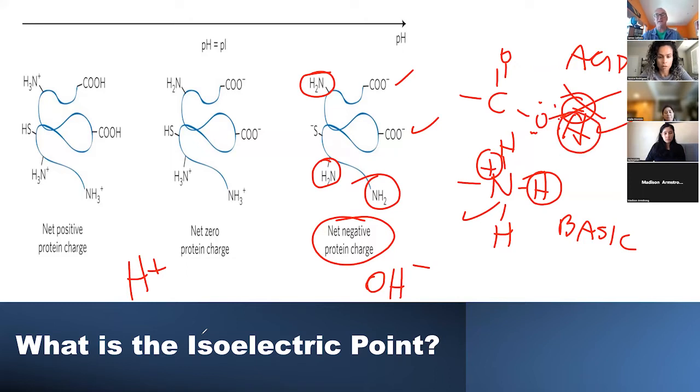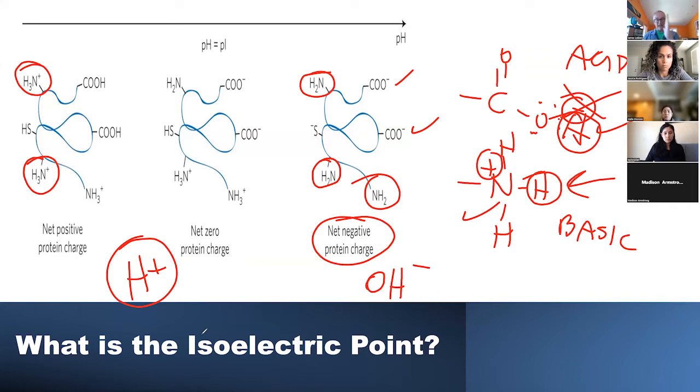The basic amino acids will stay positive because the high concentration of protons will protonate the basic amino acids too. So the basic amino acids will be positive, and the acidic amino acids will have no charge. So at very low pH, we have a net positive charge because the acidic ones have no charge, and the basic ones are all positively charged.